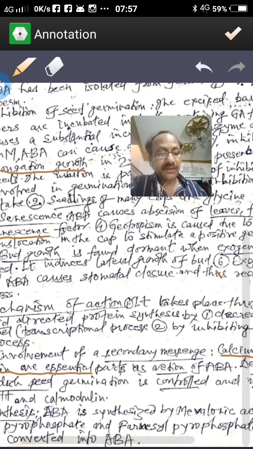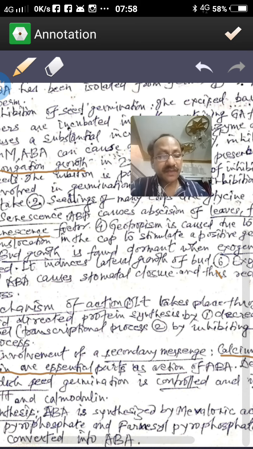Development of radish seed germination is controlled by abscisic acid and is inhibited by calcium ions. Calcium ion can inhibit it, and when it is combined with calmodulin, or if only one of them is found, if the calcium ion is found or the calmodulin is found, the action will be passive.